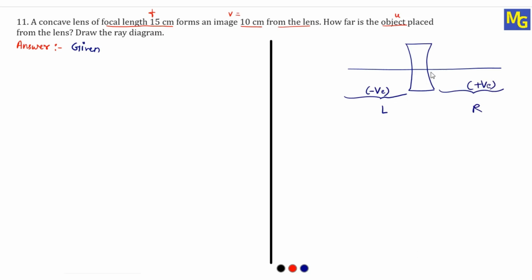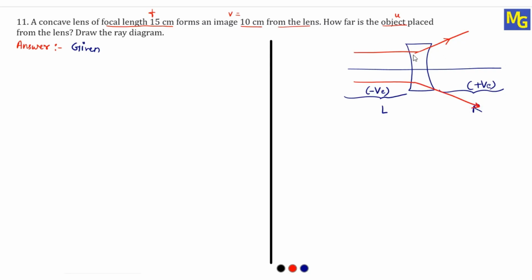So in case of a concave lens, what about the focal length? If this is the ray which is going parallel, it goes to the lens and gets diverged like this. Another ray, if it is going parallel, goes like this and gets diverged like this. They will not meet on the other side of the lens.